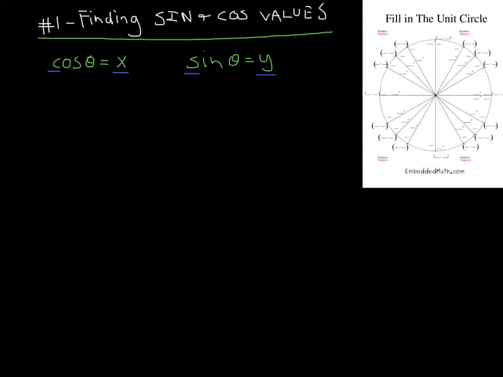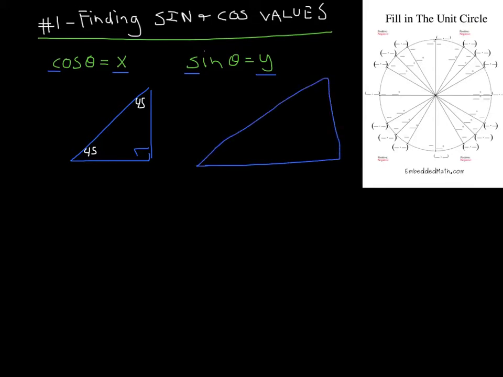Now, this whole unit circle can be derived by memorizing two special right triangles. The first is the 45, 45, 90: a 45 degree angle there, a 45 degree angle there, and a 90. The other special right triangle is the 30, 60, 90.